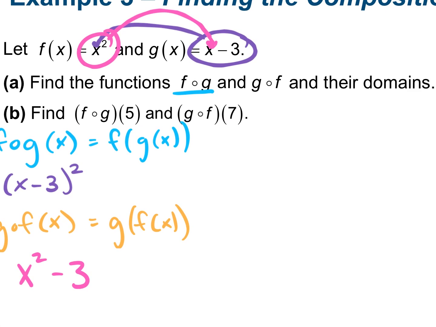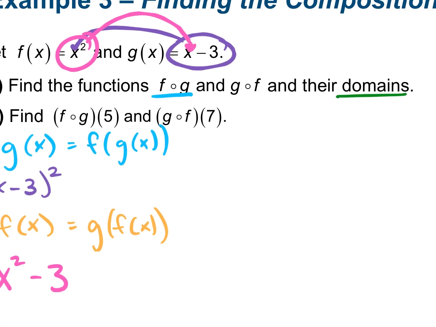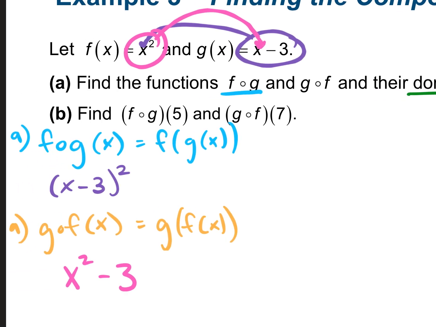So now for our domain, we want to find the domain of each one. So for our domain for f of g, we always want to check the domain of the inside function and the domain of our total composition function. Remember, we only have restrictions on our domain when we have fractions and when we have square roots.